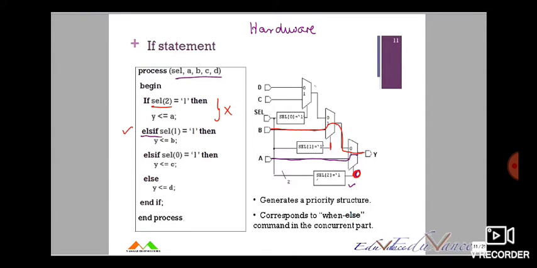And similarly, now you can figure out for select 0. If this is 0 and this is 0 and this is 1, then this will be your path and not this. Now you see that again, this is a priority logic, that select 2 has higher priority than select 1, which has higher priority than select 0.